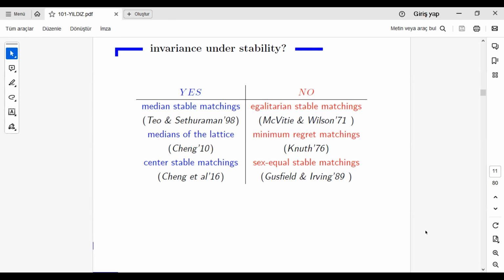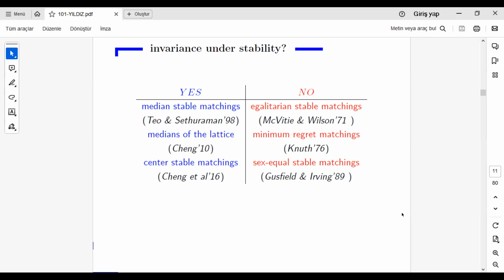The ones on the left, let me briefly refer to them. I don't want to lose time, but the top one, called the median stable matching, is a very interesting one. By Teo and Sethuraman, the definition of a median stable matching is that you order all stable matchings from 1 to whatever the total number of stable matchings is.